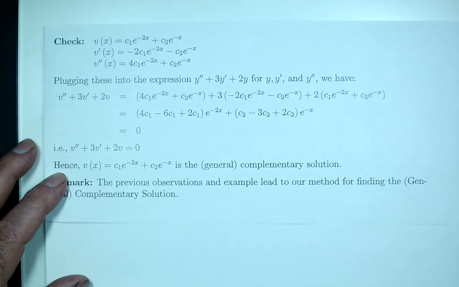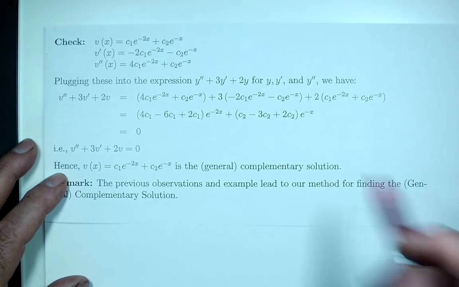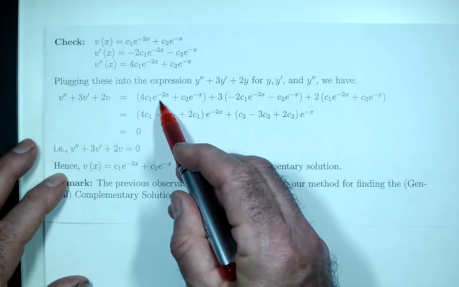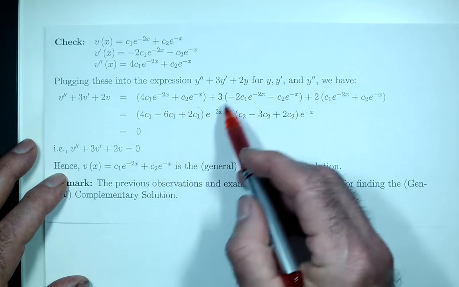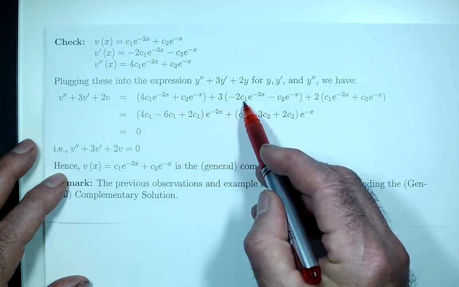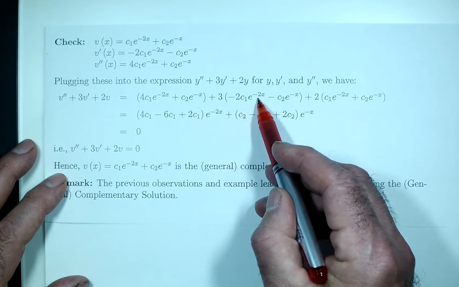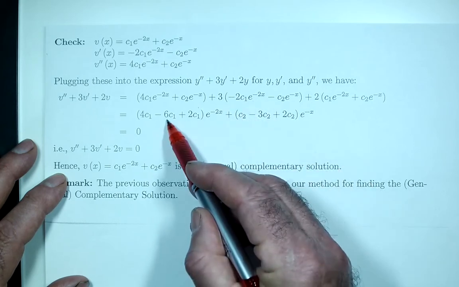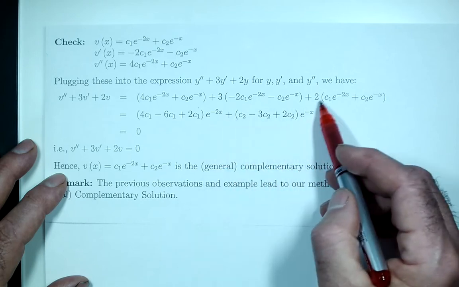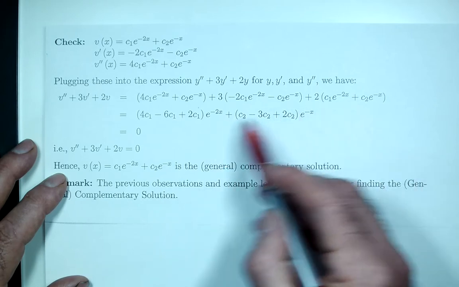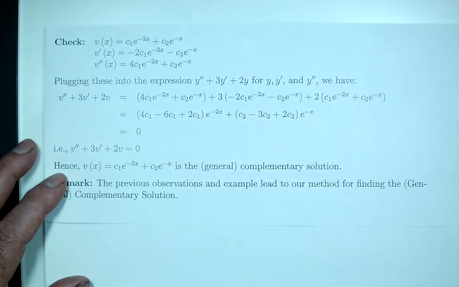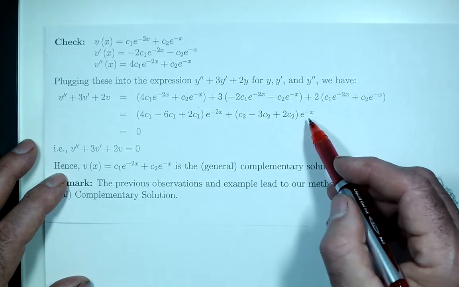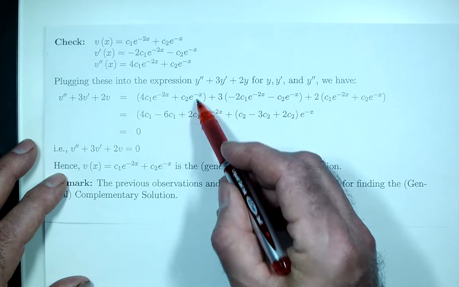Now let's collect common terms. I have 4c1 e to the negative 2x. 3 times negative 2c1 is negative 6c1 e to the negative 2x. And I've got 2c1 e to the negative 2x. Okay. Now what about my e to the negative x terms? I've got c2 e to the negative x.